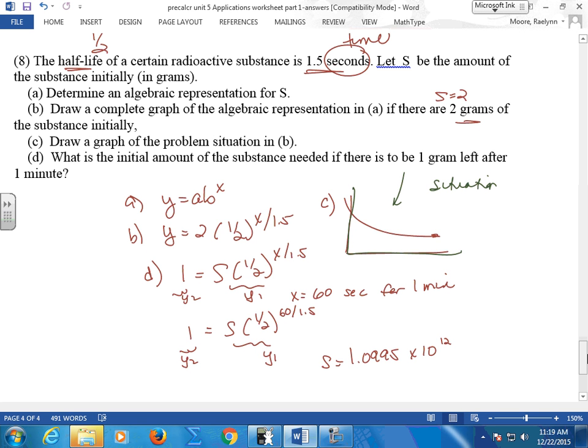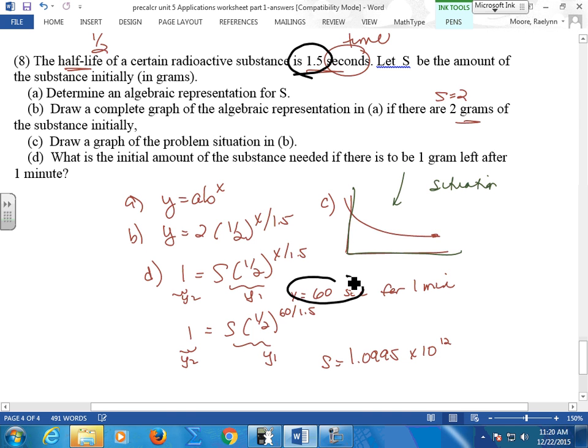You actually didn't even need to graph it, because if you can fill out the whole right-hand side, your graphing is every 1.5 seconds. That's your cycle. So 1 minute would be 60 seconds. Just plug that in here and stick it in your calculator. You can figure that out.